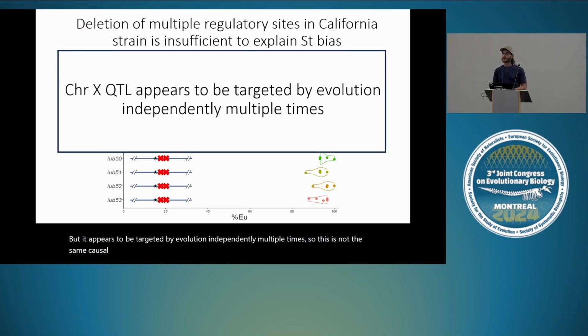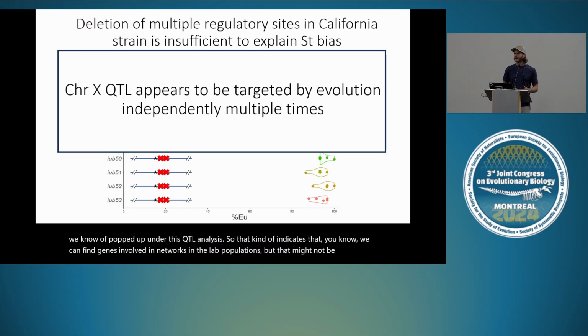And also importantly, none of the genes in this regulatory mechanism that we know of popped up under this QTL analysis. So that kind of indicates that we can find genes involved in networks in the lab populations, but that might not be how they're evolving in the wild.